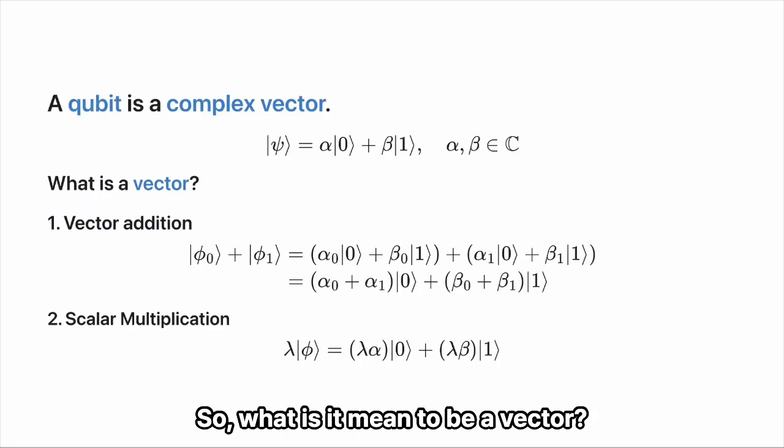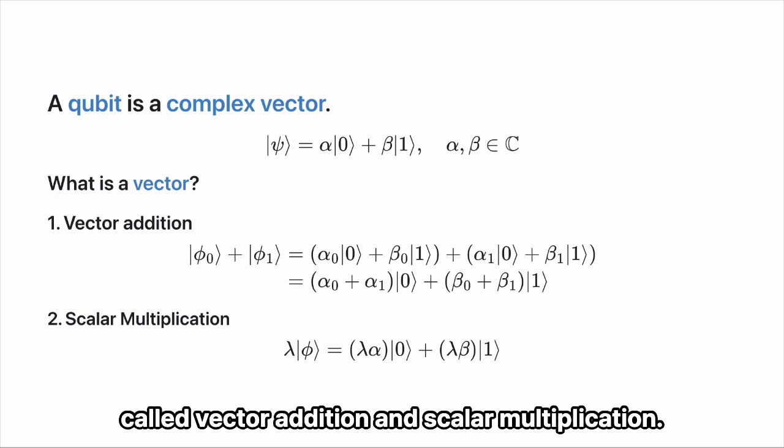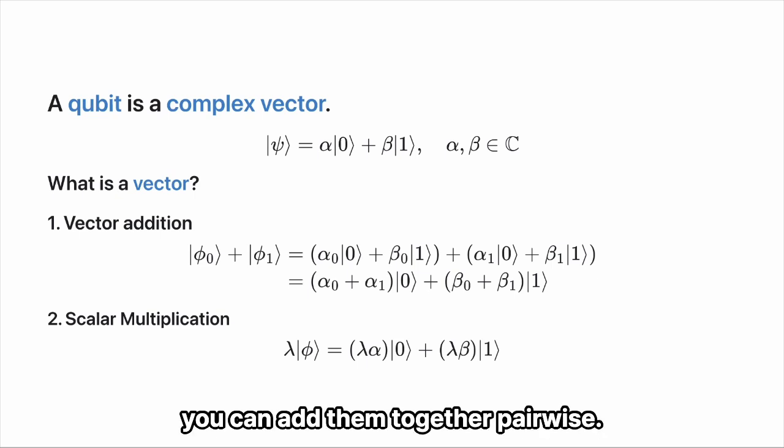So what does it mean to be a vector? It means that there are two operations called vector addition and scalar multiplication. Vector addition means that if you have two qubits, you can add them together pairwise.